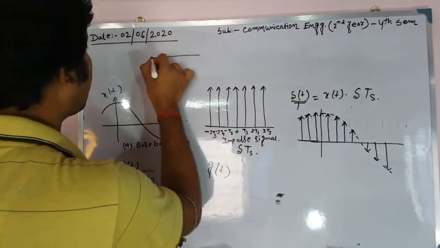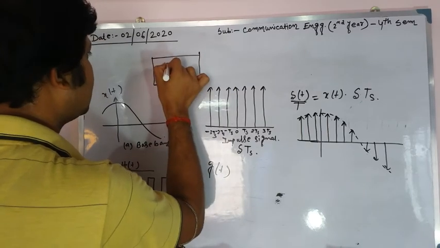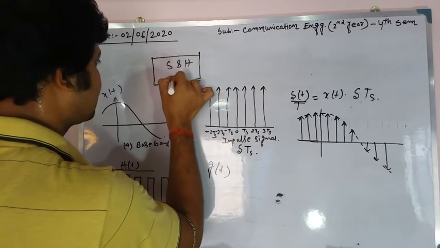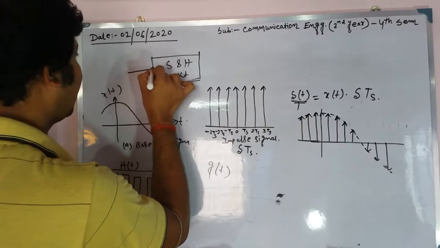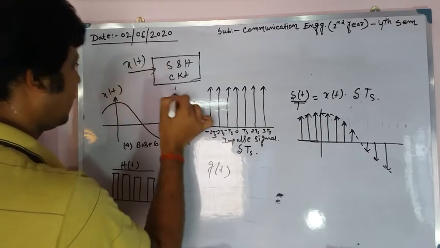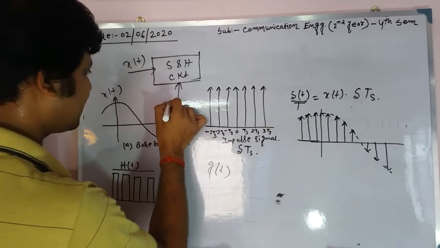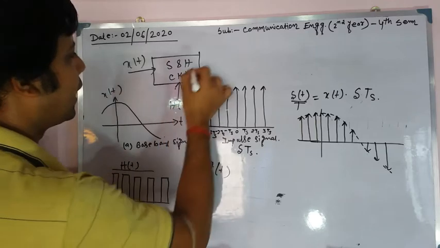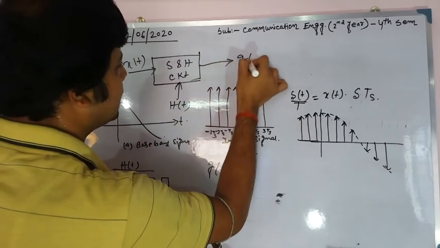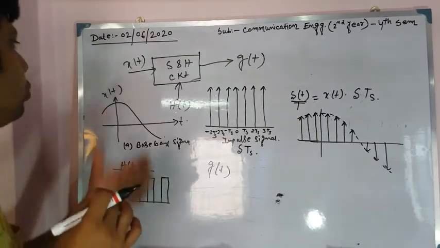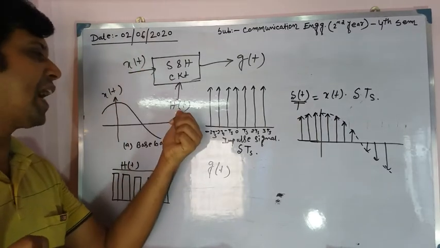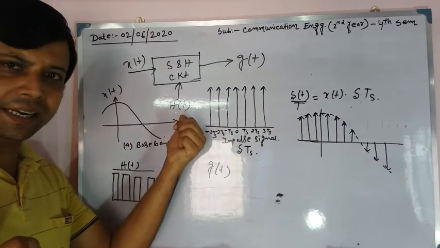We have the block diagram. This is the sample and hold circuit, and here the inputs are x(t) and h(t), and the output of the sample and hold circuit is g(t). Here of the two signals, x(t) is the baseband signal and h(t) is the rectangular pulse signal.